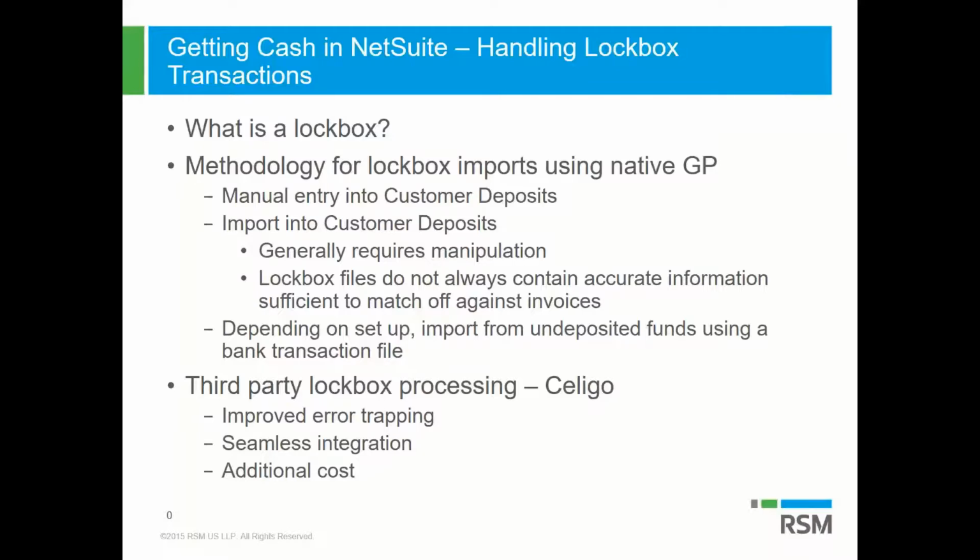Lockbox files don't always contain accurate information that's sufficient to match against your invoices. Sometimes you have customer information, but you may not have information that's good enough to automatically match it up.